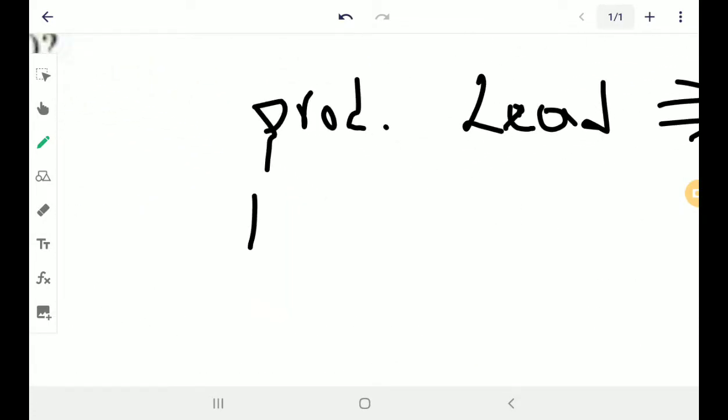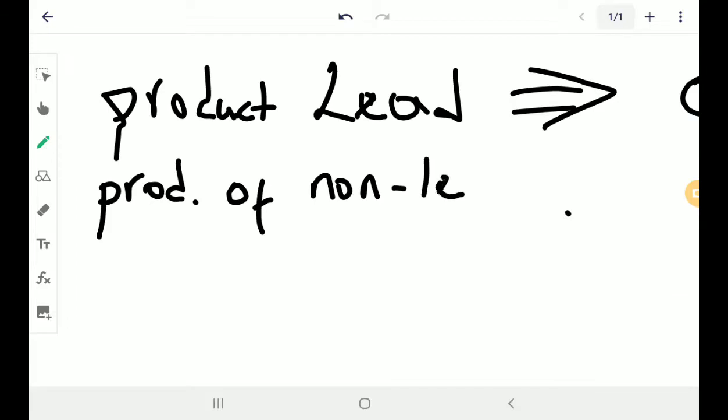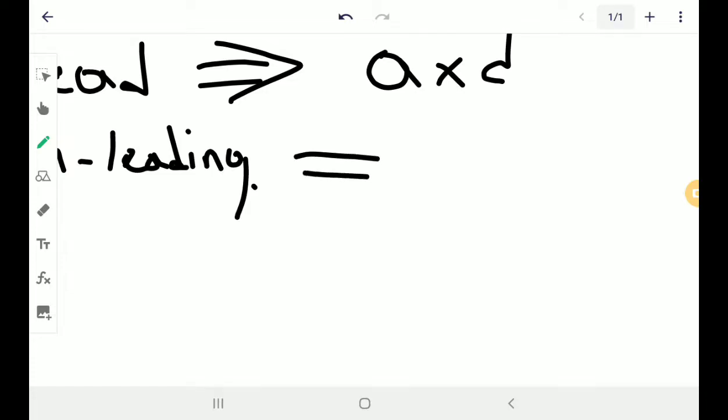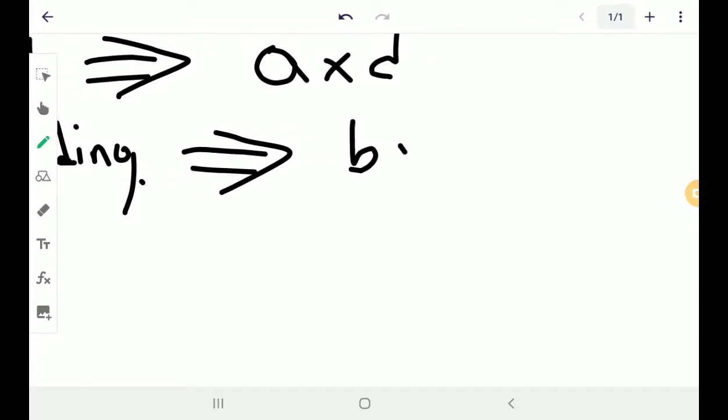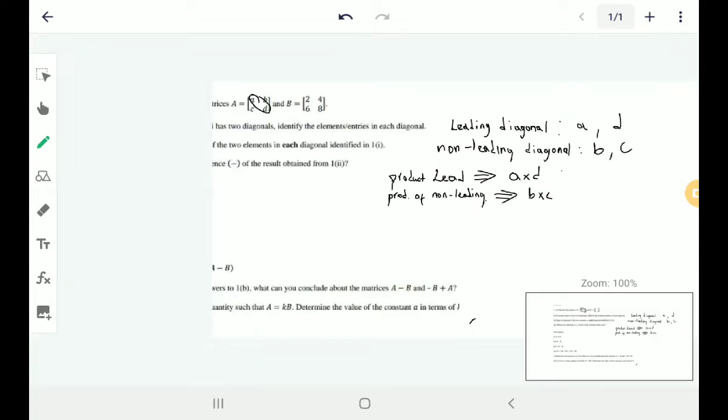And the product of non-leading, let me write product here and then shorten it there. And that's B times C, or BC. If you want to say BC or AD, it's the same thing. Okay? Alright.